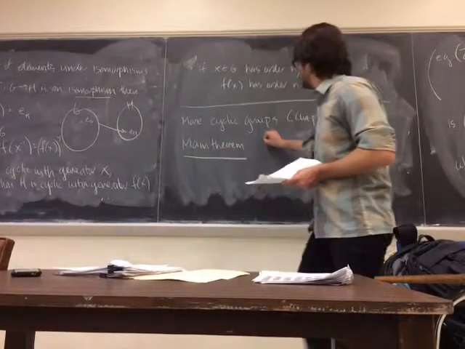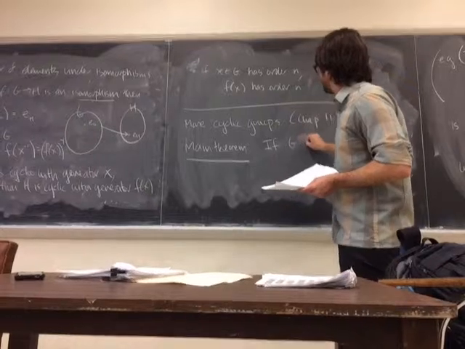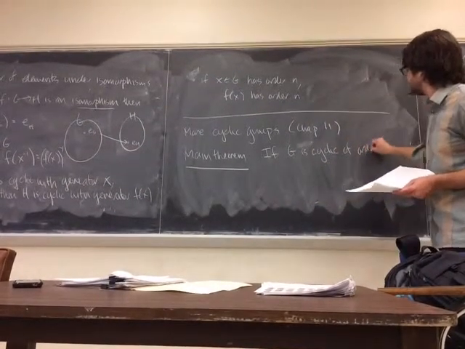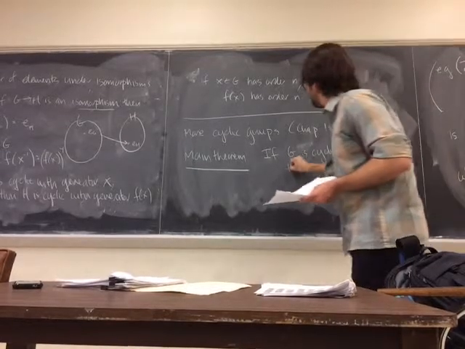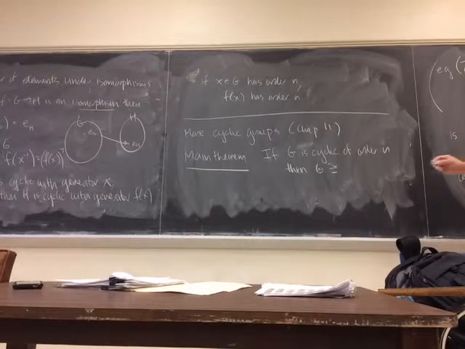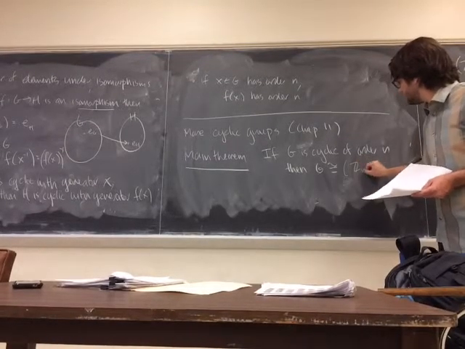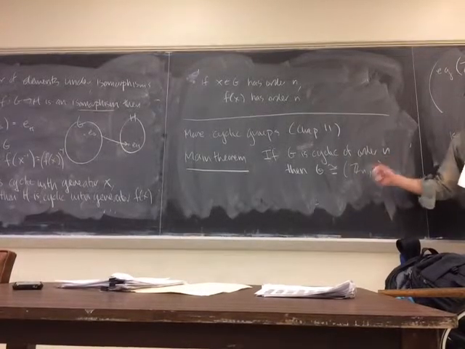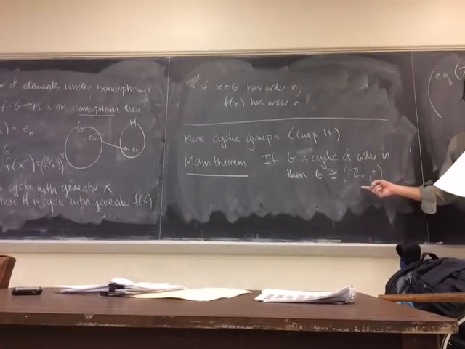Our main theorem says that if G is cyclic of order n, then G is isomorphic to what? Zn with plus. Your favorite cyclic group is actually the only one. There's only one cyclic group up to isomorphism.